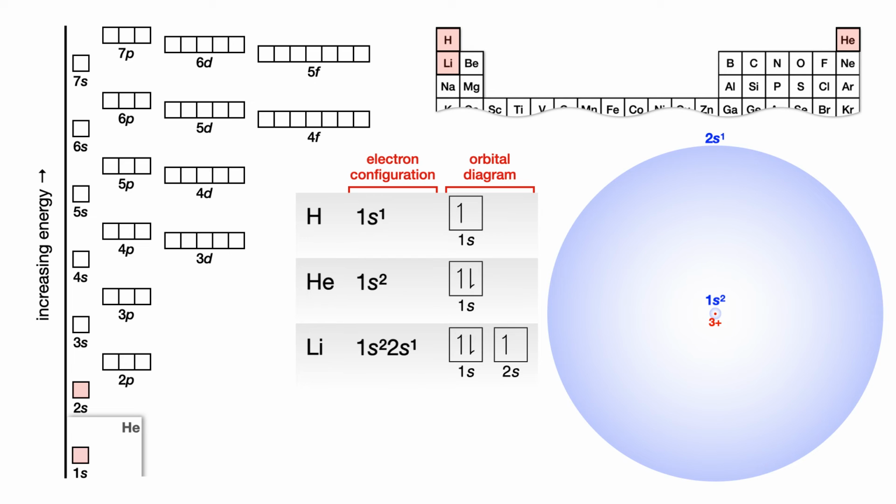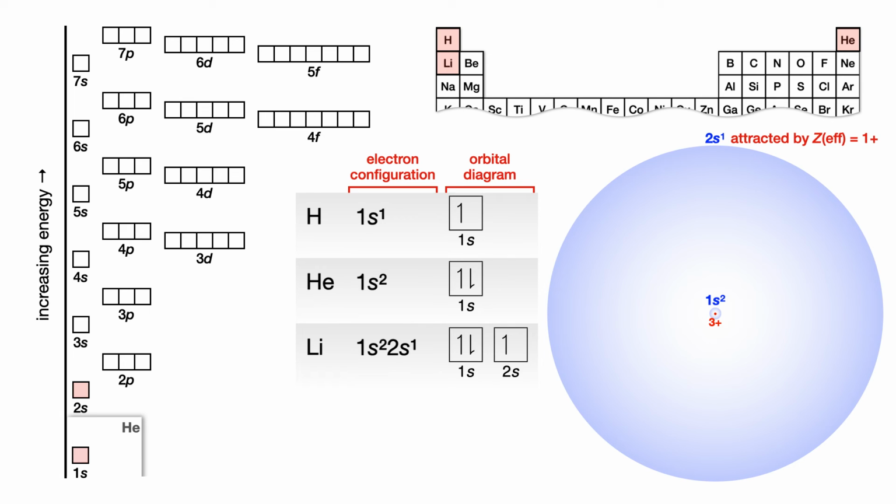And so, effectively, from the point of view of those outer electrons, the inner electrons, the electrons in the 1s orbital, are canceling out some of the nuclear charge. The outer electrons are attracted by the nucleus, but they're repelled by those inner electrons. And so the net attractive force on those outer electrons is much less. We say that the effective nuclear charge experienced by that outer electron is only 1+.